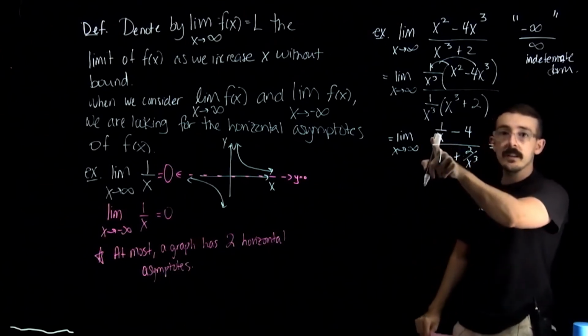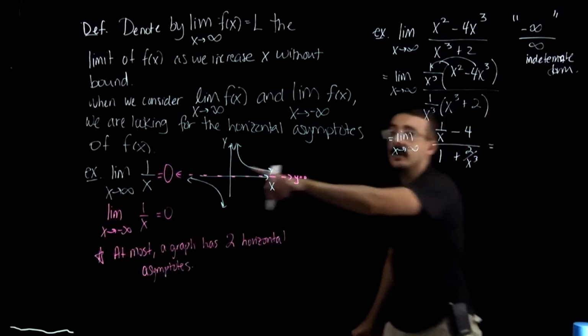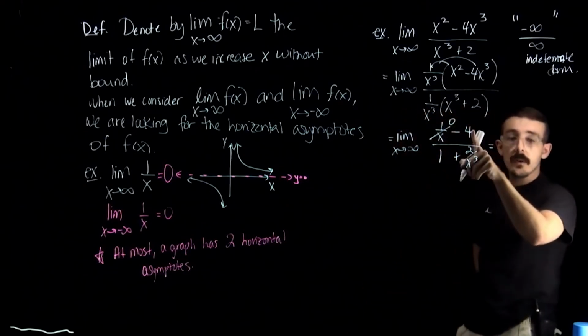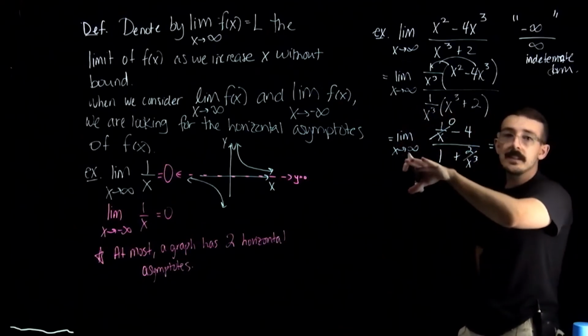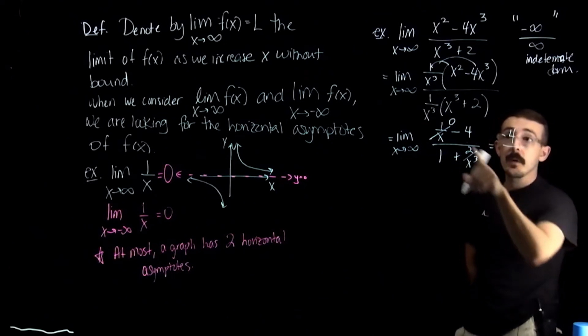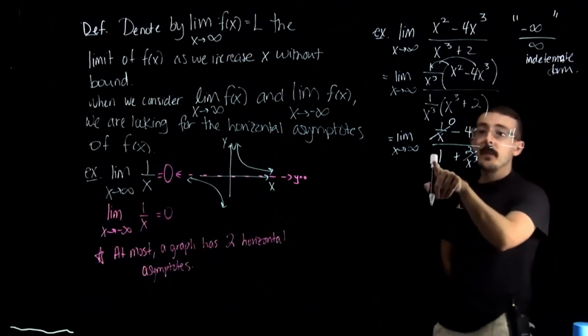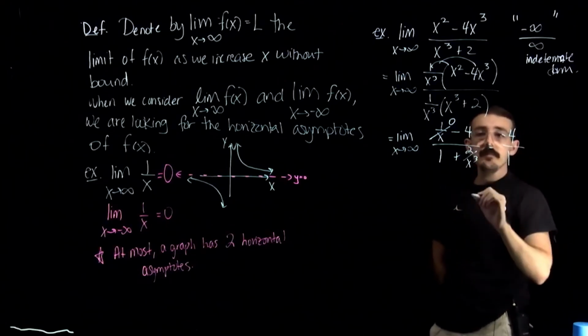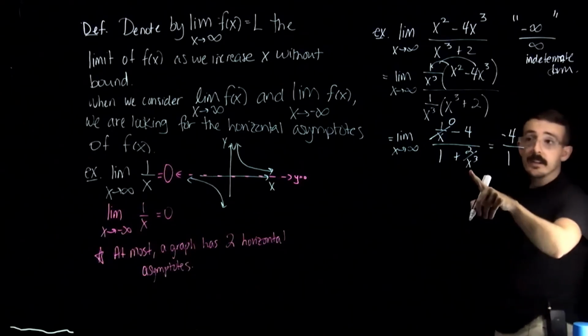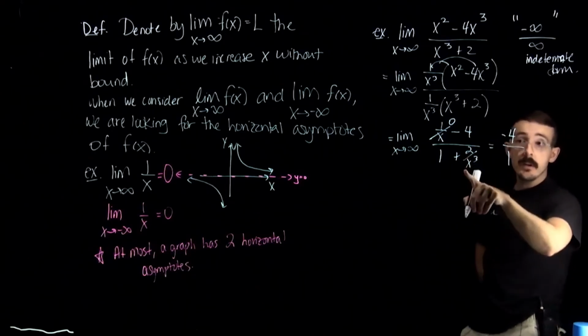So 1 over x, as x goes to infinity, we just did that over there. This is 0. 4 is just 4. Remember, the limit as x goes to something of a constant is just the constant. So we actually have -4 because there's a negative sign here. This is a 1. Here I have a constant, 2, over a power of x. So this is 2 over a huge number.